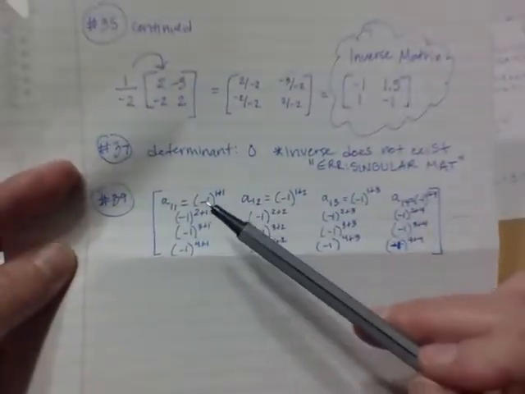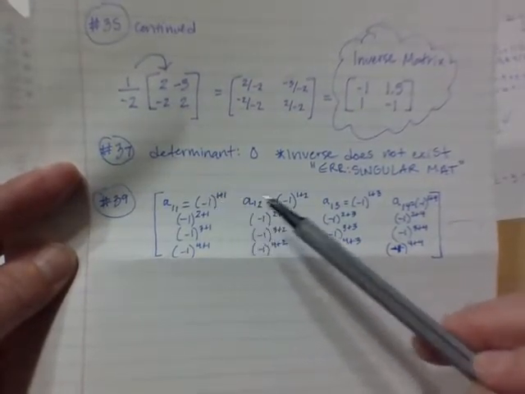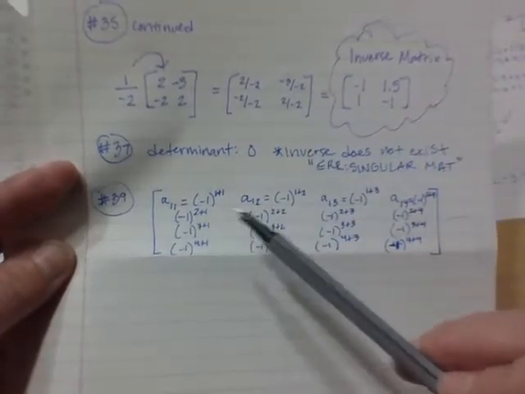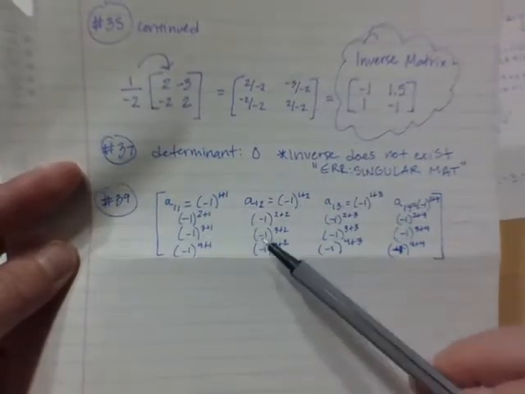Again, each of these in this case is an even power, so positive 1, but then odd. So it's going to go positive 1, negative 1, positive 1, negative 1. And then negative 1, positive 1, negative 1, positive 1, and then back again, positive 1, negative 1.